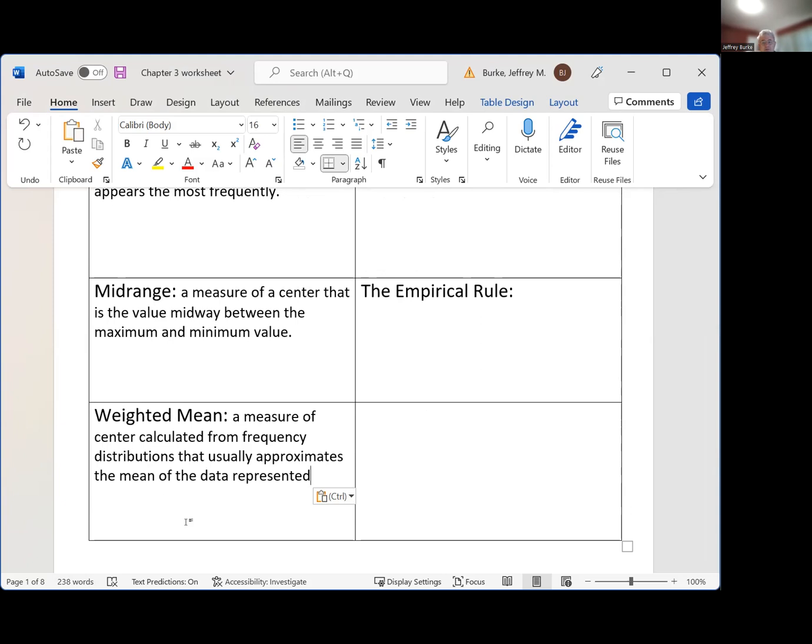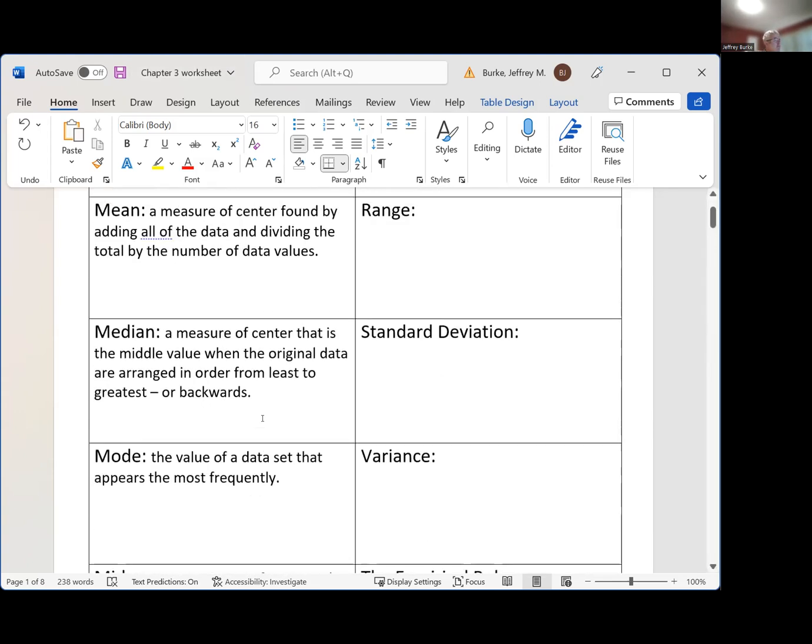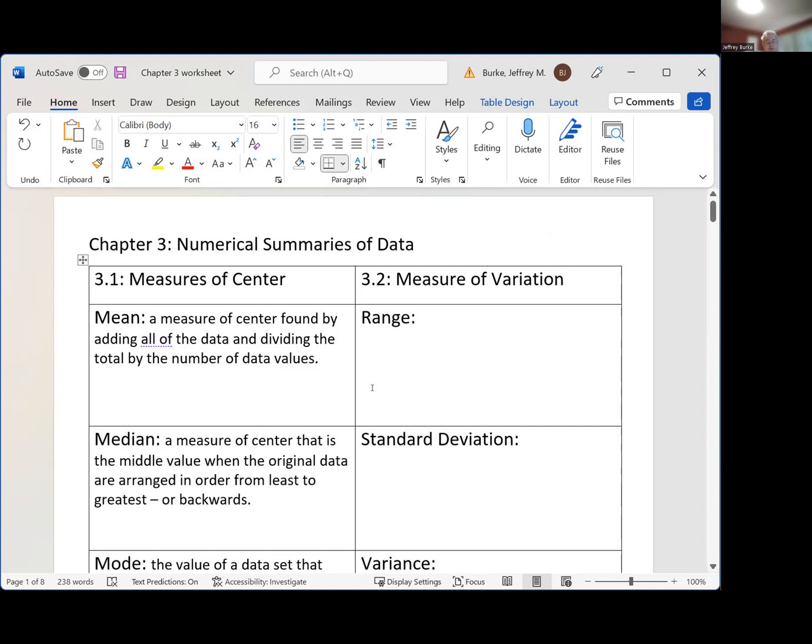If we're working with a frequency distribution like we work with in chapter 2, and we know, for example, there are 12 data values that fall between 75 and 124, we don't necessarily know what all of those data values are. We'll talk about theoretically how that's done in a later video, and then how we can use StatCrunch to calculate the weighted mean. Okay, so these are the 5 definitions which constitute the measures of center.